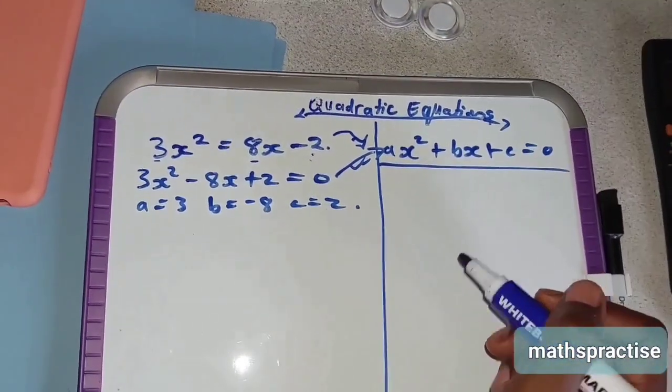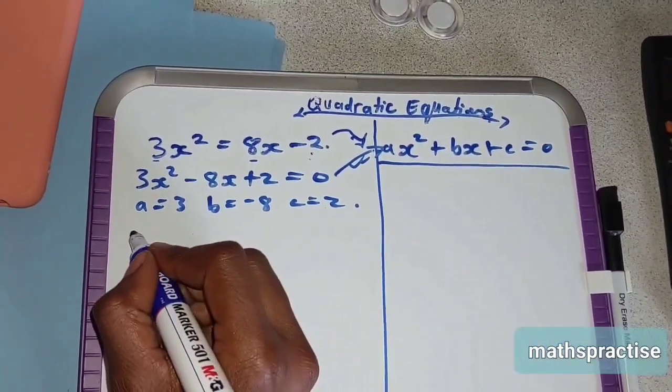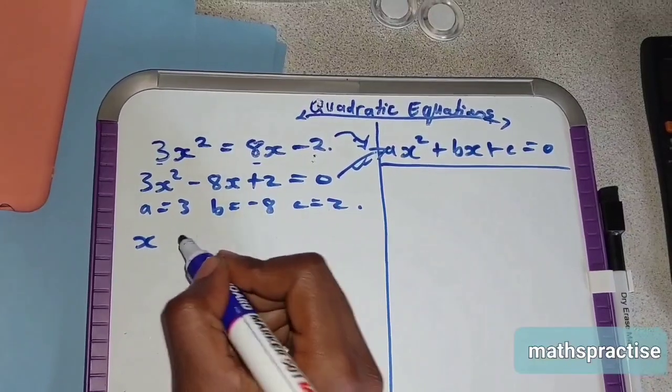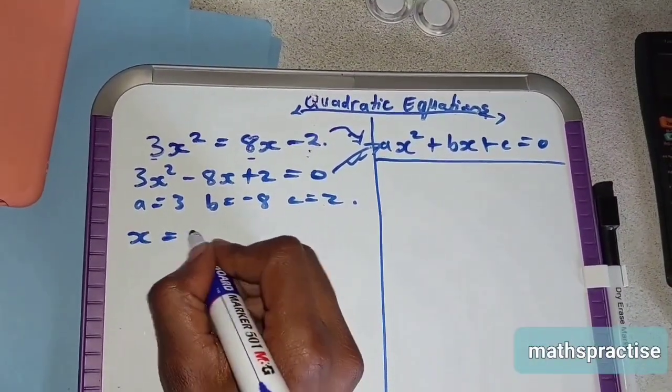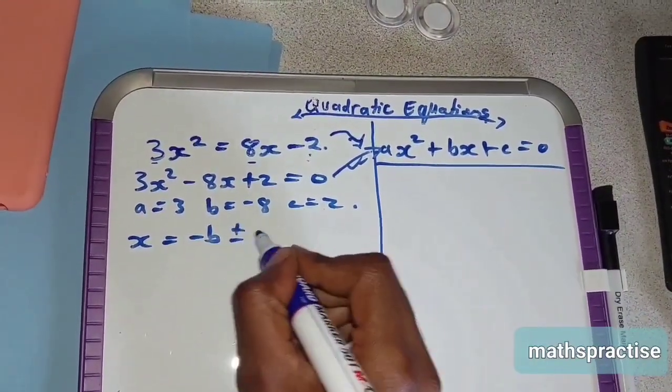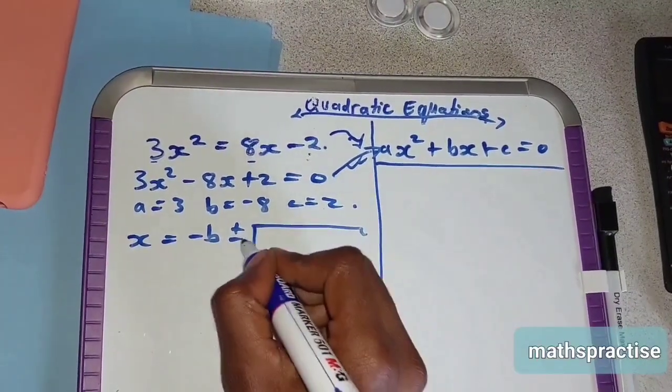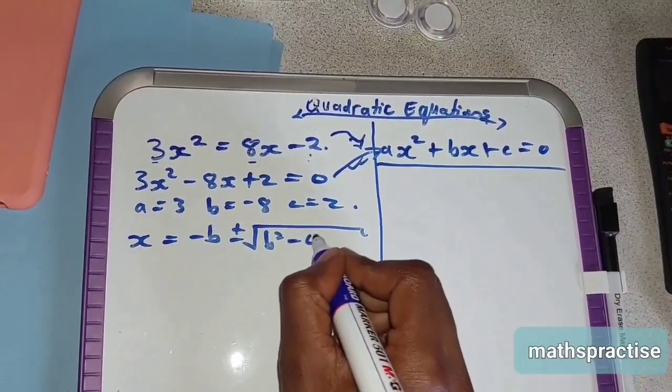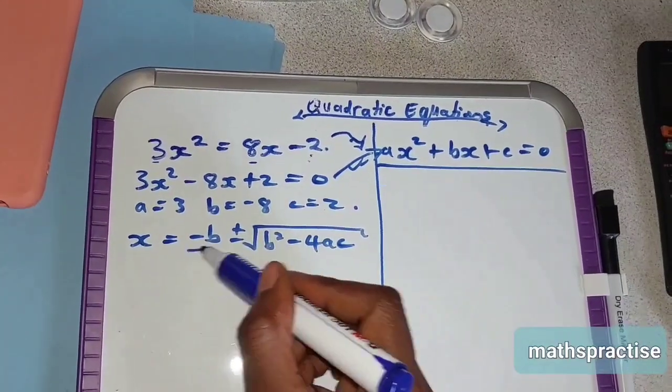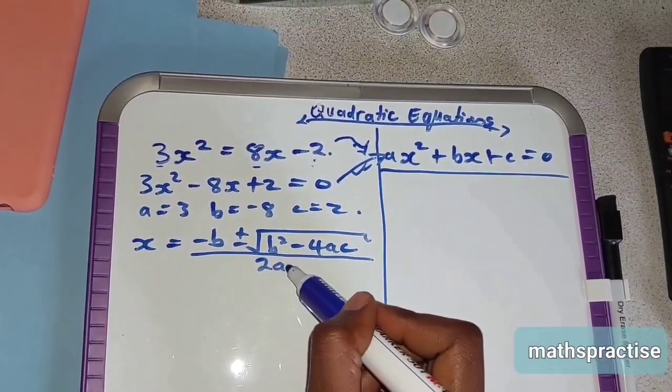Okay, next you write your quadratic formula. x is equal to minus b plus or minus the square root of b squared minus 4ac, all of this divided by 2a.